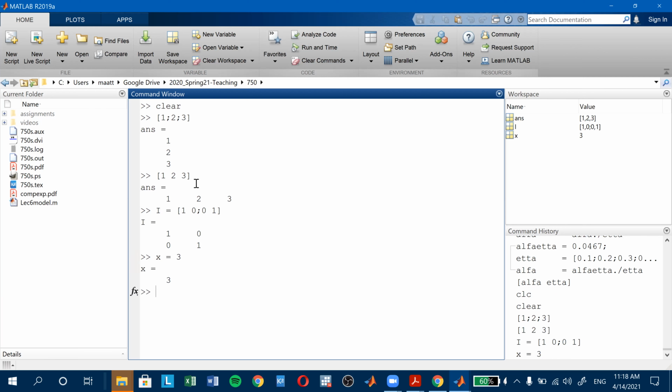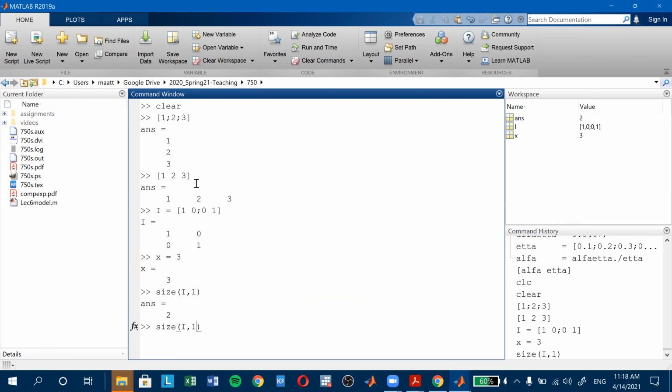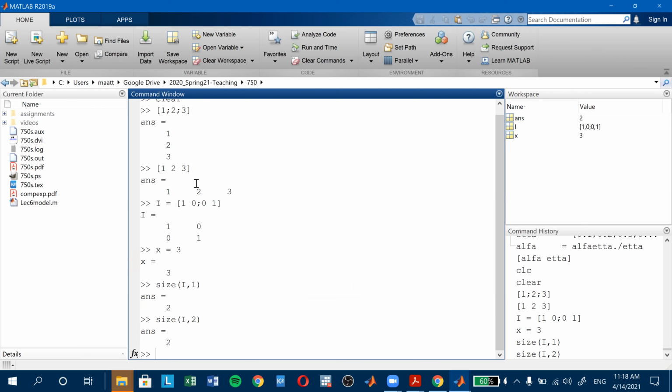So now what is the size of I, the identity matrix? The first element is the row, and the second element is the column number.